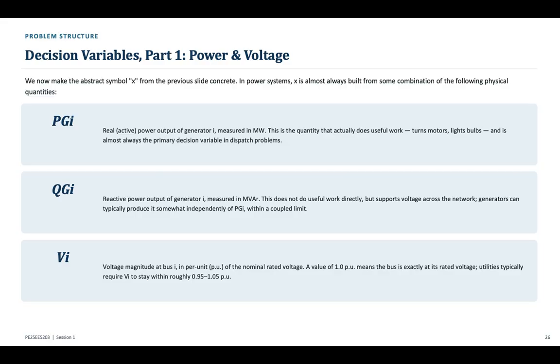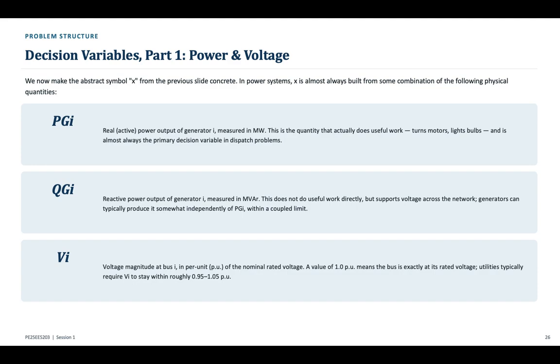Then we have QGi, that is reactive power output of the generator i measured in MVAR. This does not do useful work directly but supports voltage across the network. Generators can typically produce it somewhat independent of PGi within the coupled limit here.